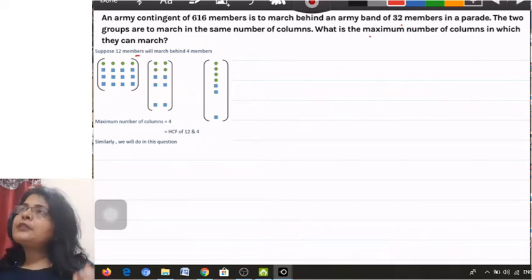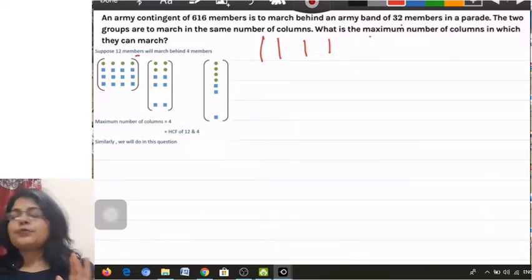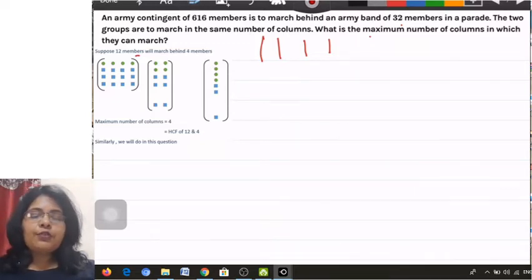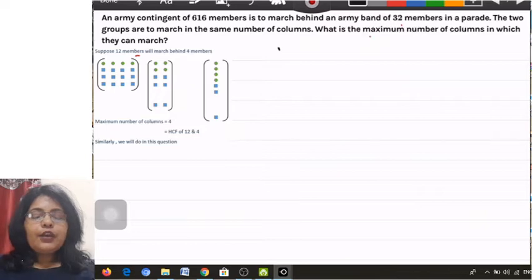And we can remember this logic also, that in our class the students are there, the number of columns will always be less. We cannot have the same number of columns. So this logic we are going to apply over here, and when we are applying this logic, then we will find out the SCF of 616 and 32.